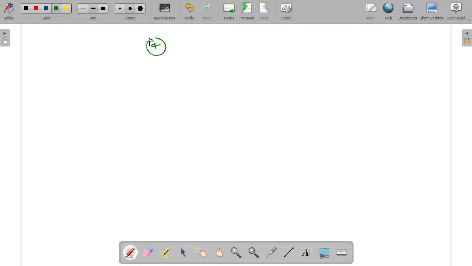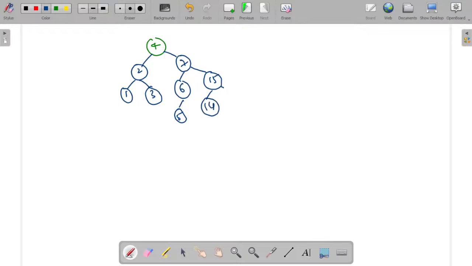So the present tree is this. Alright, so now which side do you want me to insert a node, Tendulkar? How 4 has become a root node.